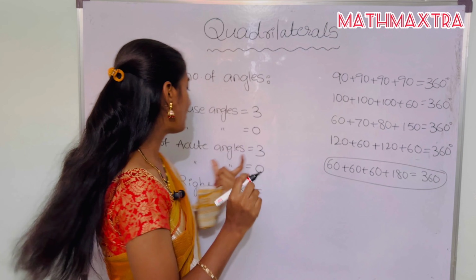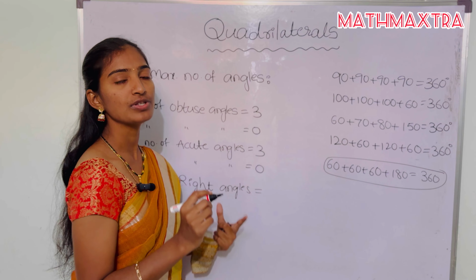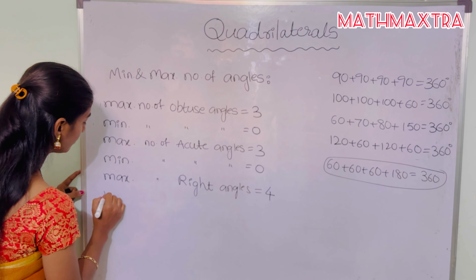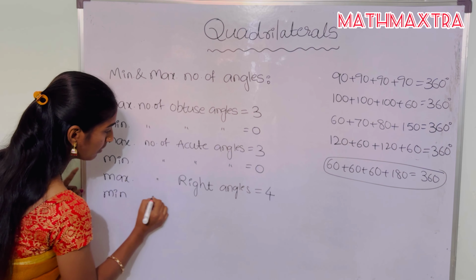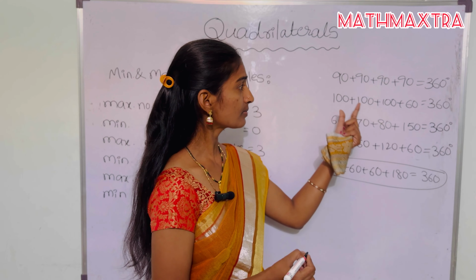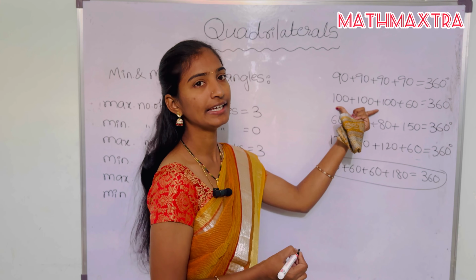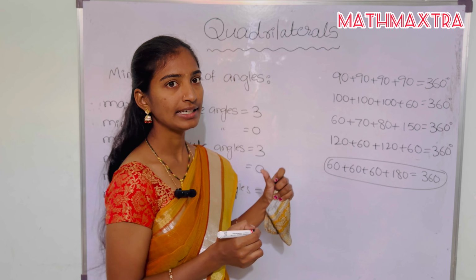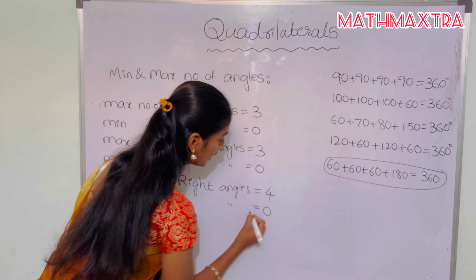That is why the maximum number of right angles possible in a quadrilateral is 4. Yes, and what is the minimum number of right angles? How many minimum? See, in this we didn't even consider a single right angle. Yes, minimum is 0. Okay.